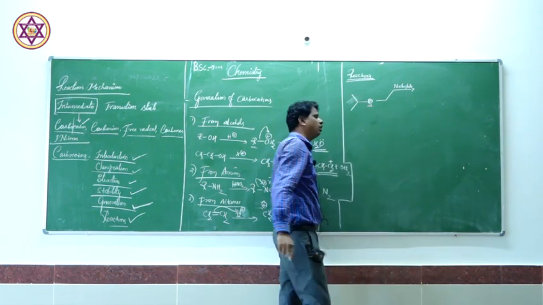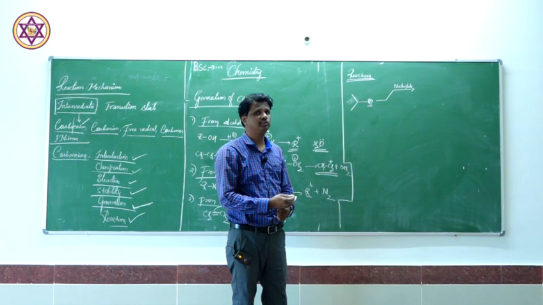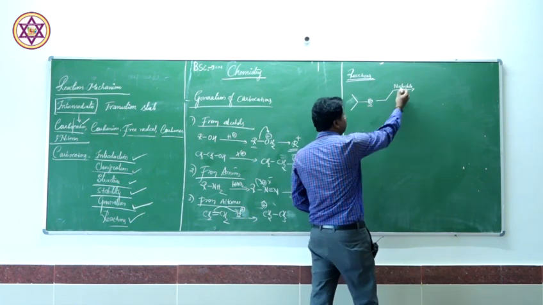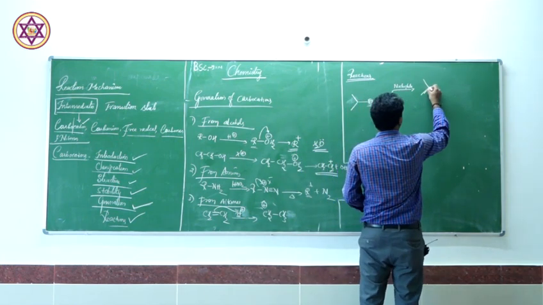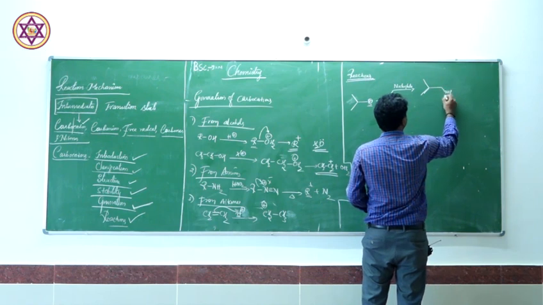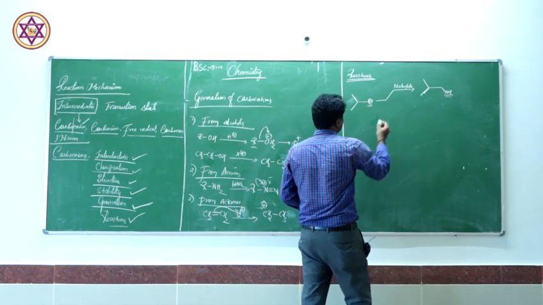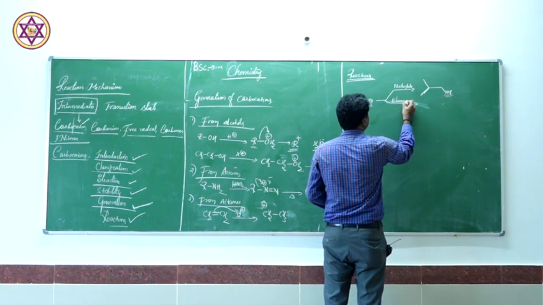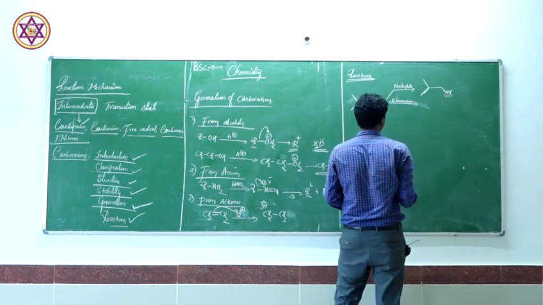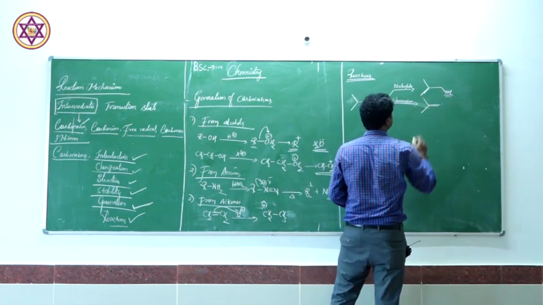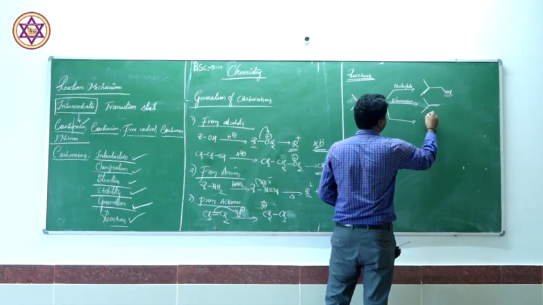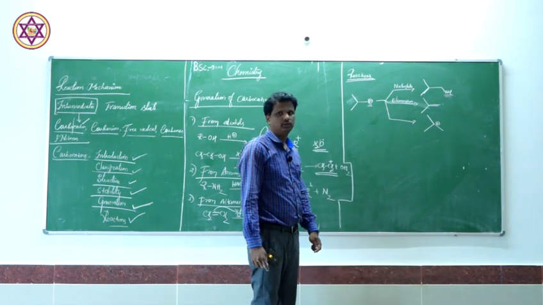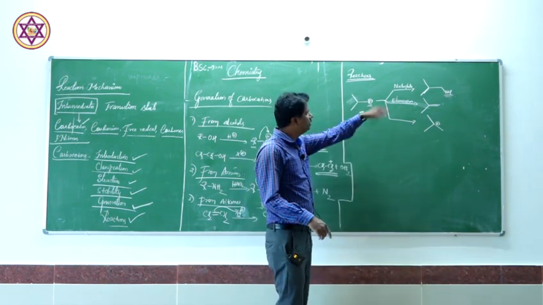Since it has a positive charge, and in organic chemistry we know that the species which is positively charged is called an electrophile and the one with negative charge is called a nucleophile, this positive charge can attract a nucleophile to form an addition compound like this, or else this can undergo an elimination reaction to form this, or it can undergo a rearrangement reaction to form this. Okay, this is a butyl carbocation and these are the reactions possible.